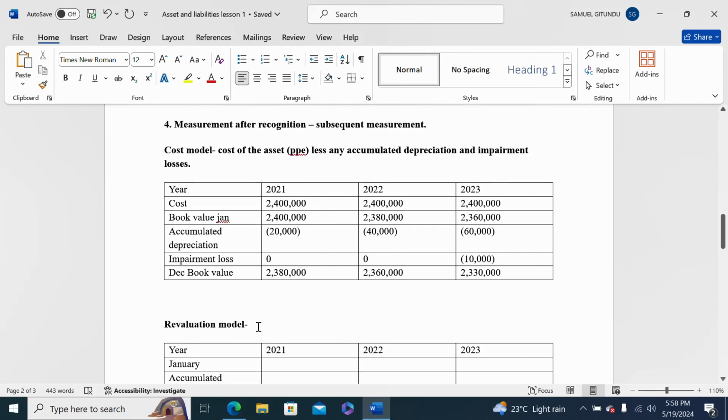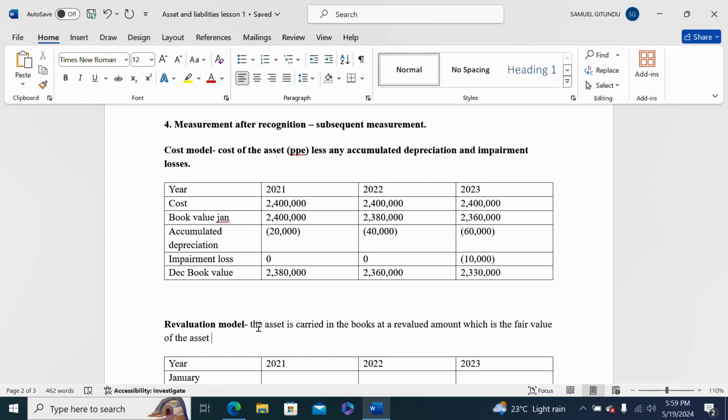The revaluation model says that the asset is carried in the books at a revalued amount, which is the fair value of the asset less any subsequent accumulated depreciation and impairment losses.